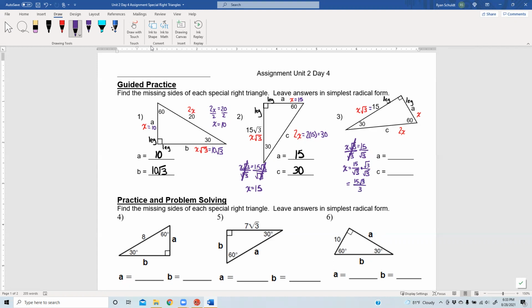Can I reduce 15 over 3? Yes, that gives me 5 square roots of 3. So that means x is 5 square roots of 3.